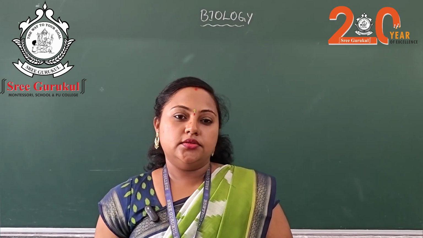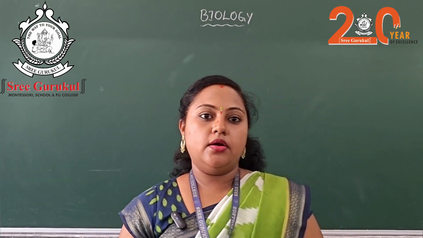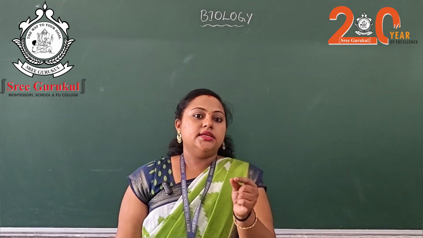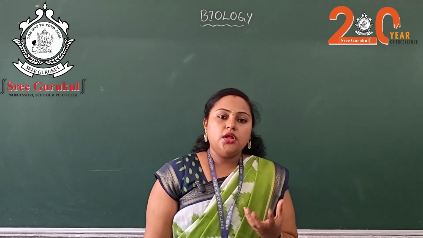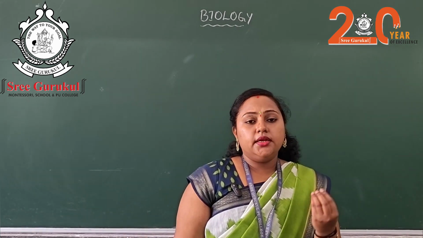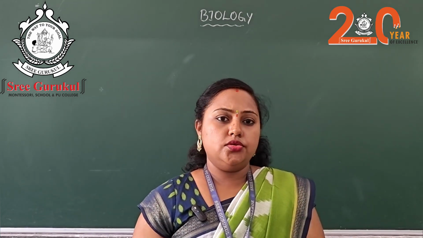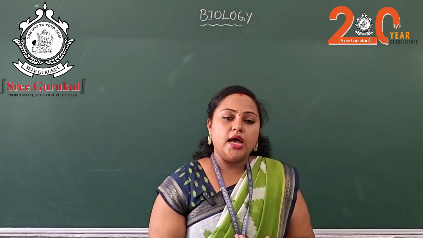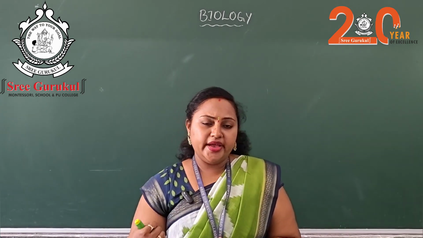Today we are going to learn a few concepts about what you have already learned in your class 9. That is the chapter Diversity in Living Organisms. Right? In our earth, there are amazing varieties of different kinds of microorganisms, plants, animals, fungi, like that.